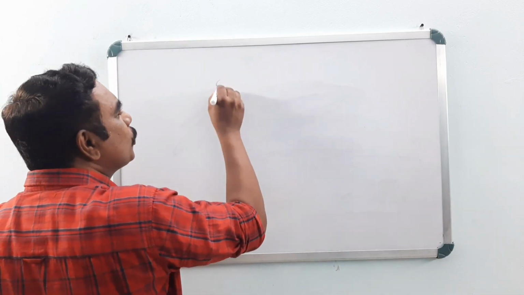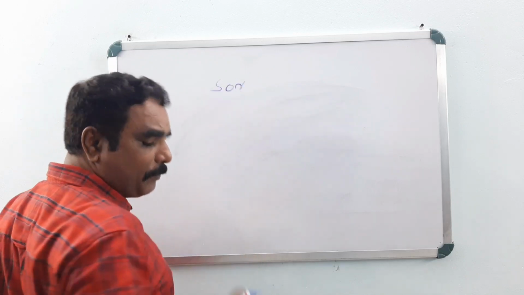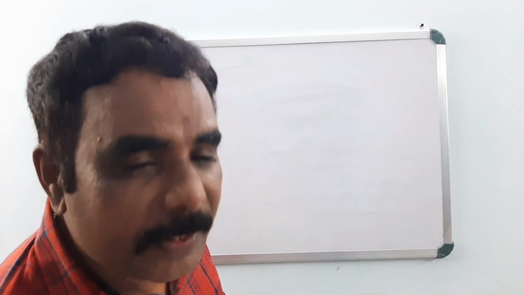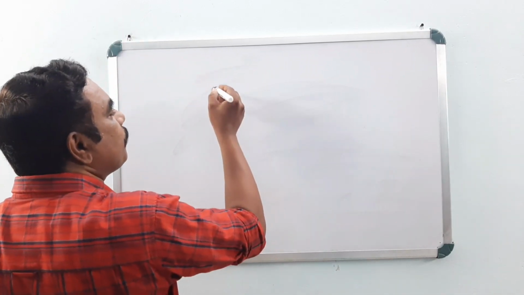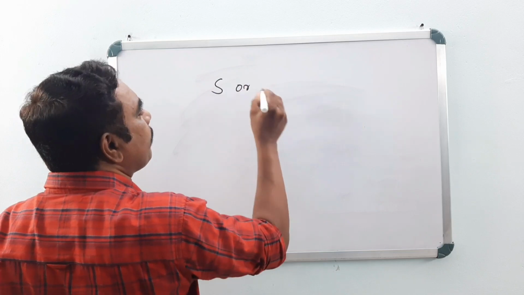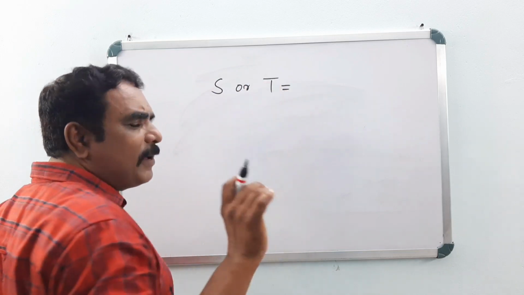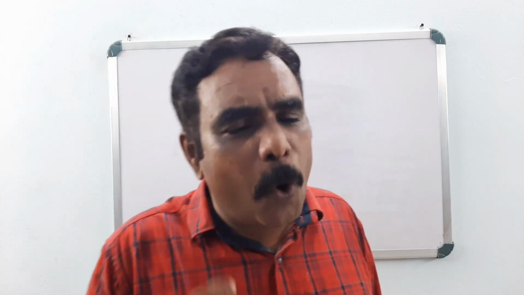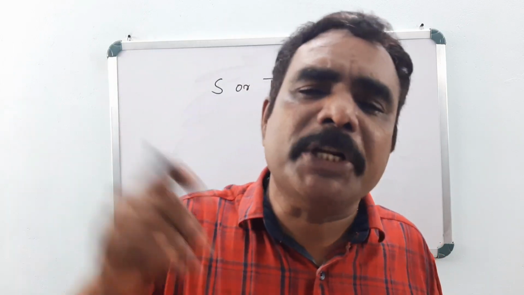Surface tension is denoted by S or T. In some books, it is S. In some reference books, it is T. So, S or T. The first basic definition is surface tension is force acting per unit length on an imaginary line drawn on the liquid surface, acting perpendicular from either side or tangential from either side.